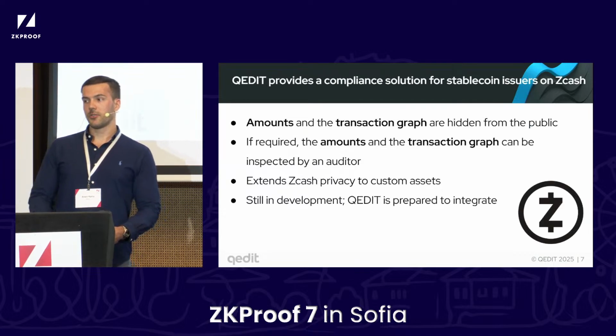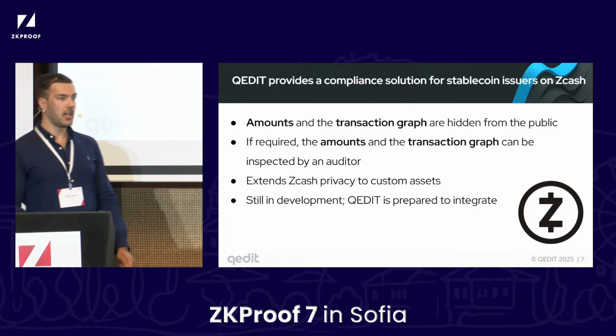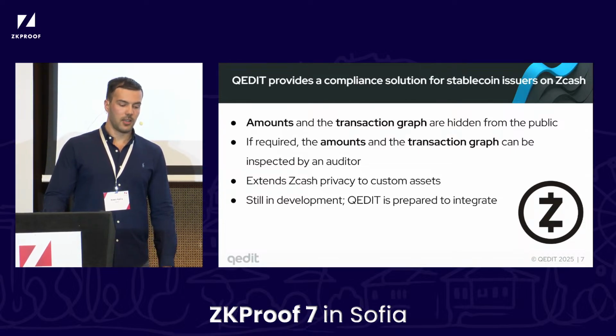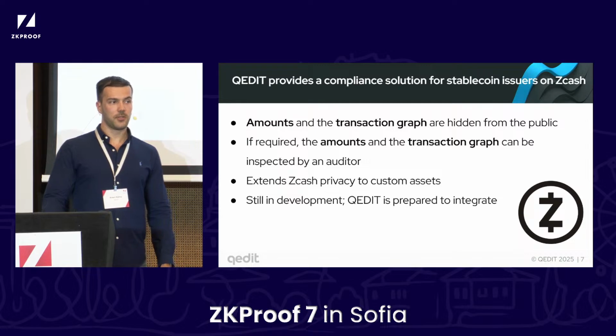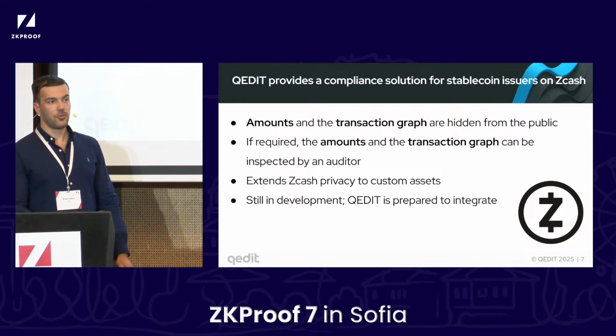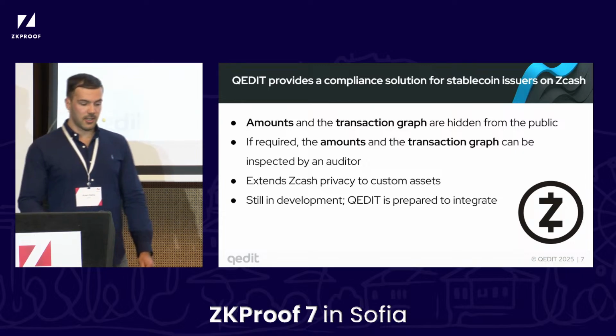And from here, I just wanted to say again in general that QEDIT provides a full solution for stablecoin issuance on Zcash, to make sure that both the amounts and the transaction graph are hidden.